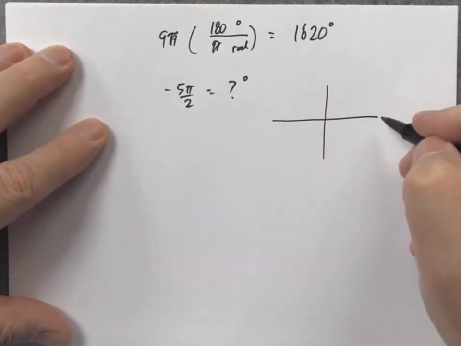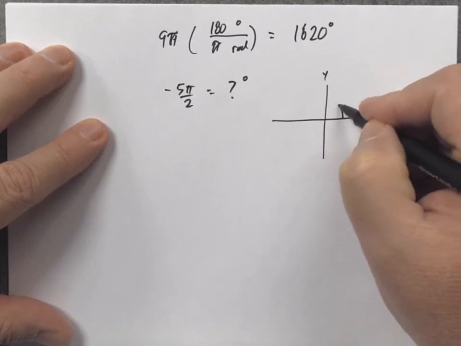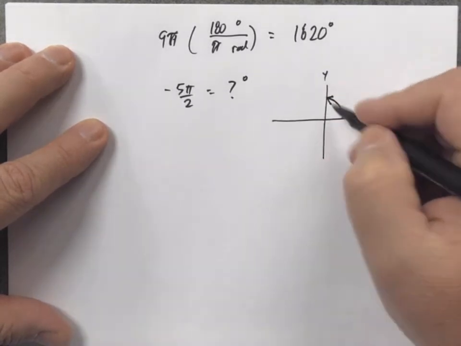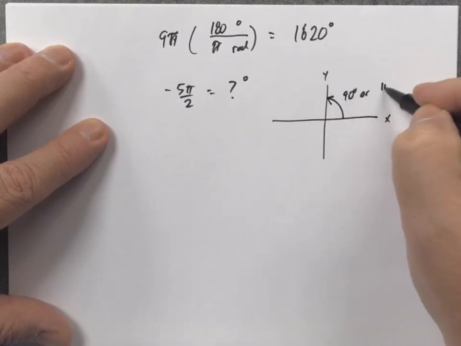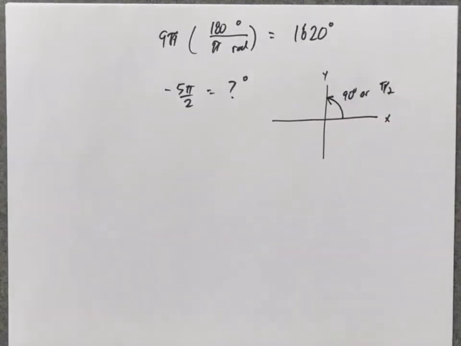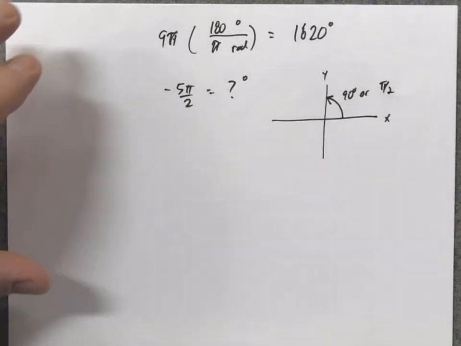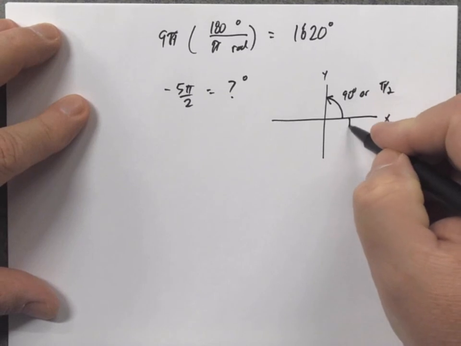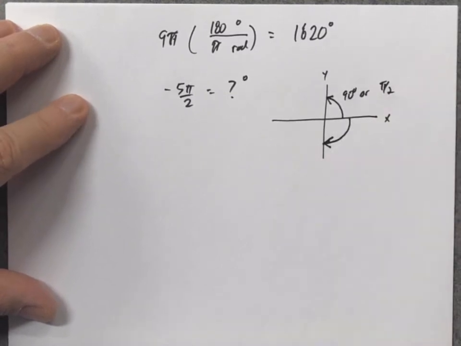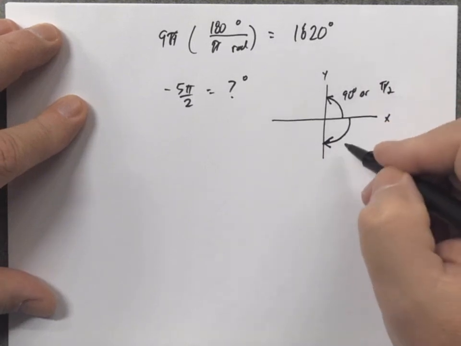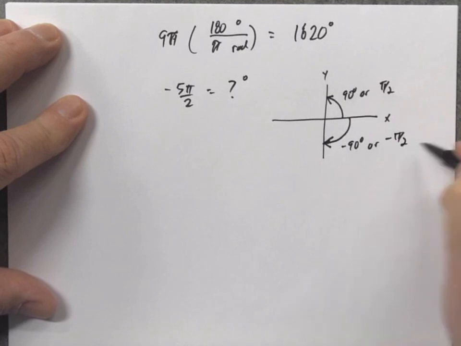When I explained angles a minute ago, I said we start at the x-axis, and as you move up here in the counterclockwise direction, that's 90 degrees or pi over 2 radians. So what would it mean if we have a negative angle? That means you move the opposite direction. You sort of move clockwise. So this angle here would be negative 90 degrees or negative pi over 2.